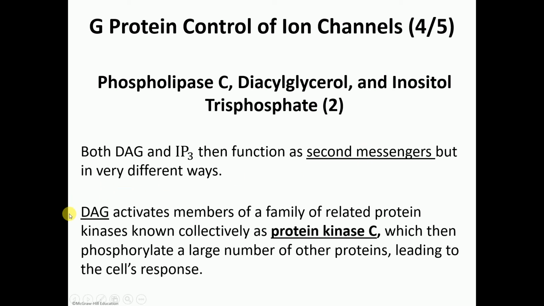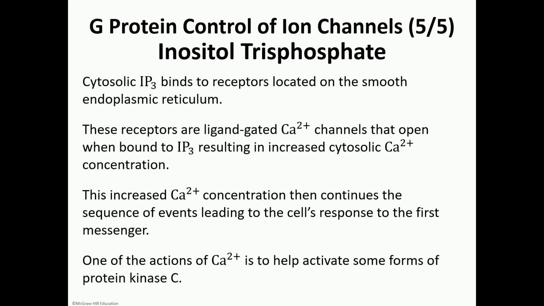So DAG is going to activate an enzyme known as protein kinase C, and C stands for calcium because remember it helps in this scenario. While IP3 will attach to a receptor found in the smooth ER that opens up the ligand-gated calcium channels, releasing calcium from the smooth ER into the cytosol, leading to an increased cytosolic calcium concentration.